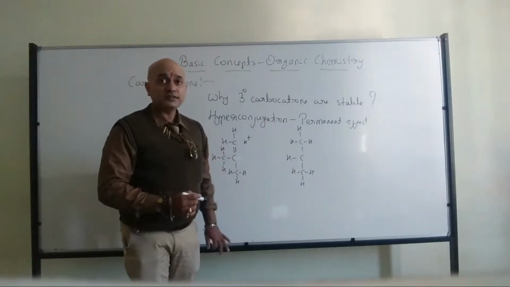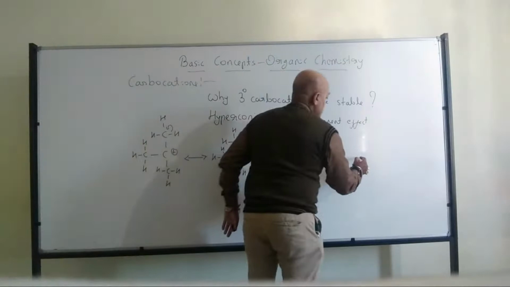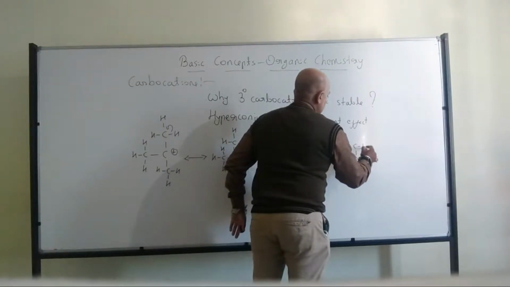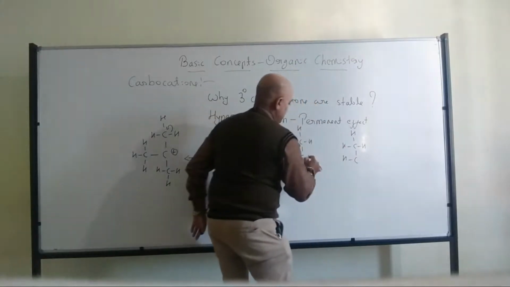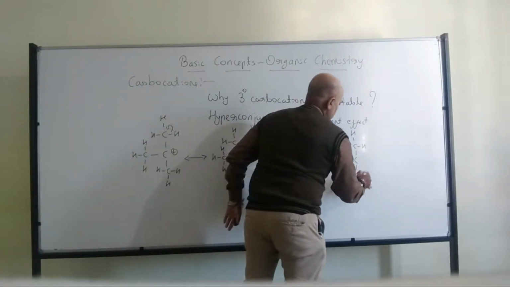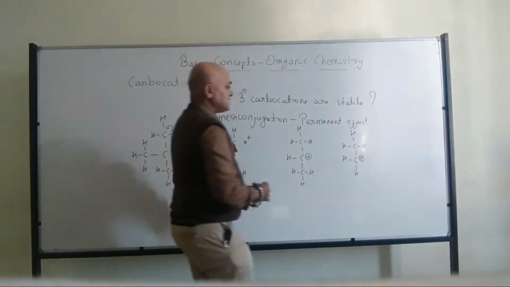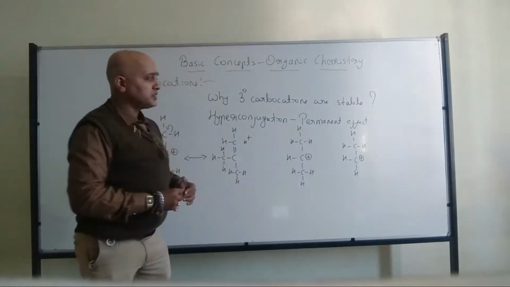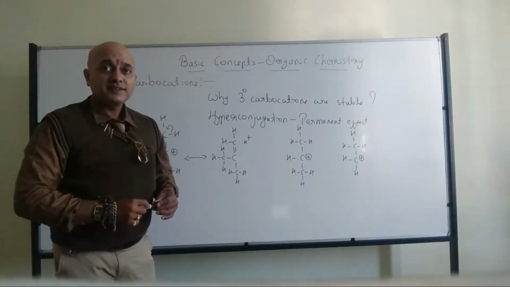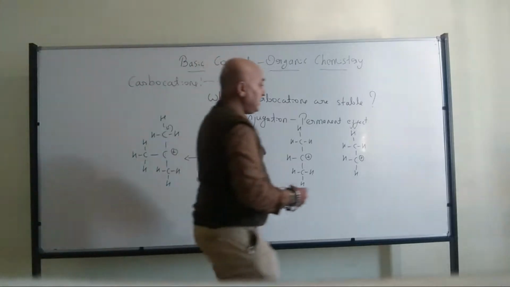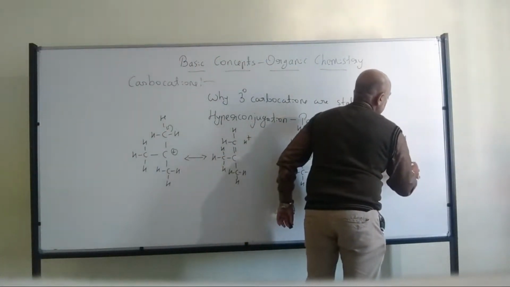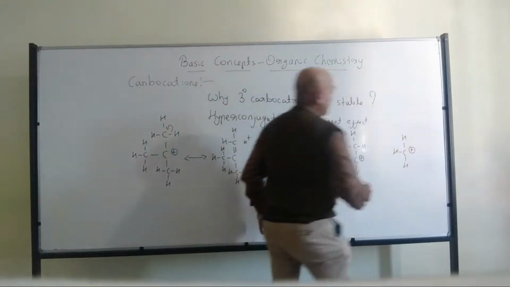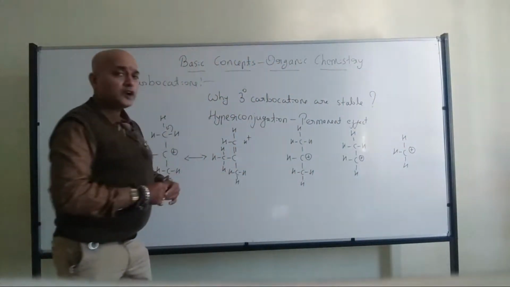If I come to primary, many more options are reduced because it is attached with two hydrogens, only one option. But when it comes to methyl, there are no options at all because all are hydrogens. Got my point?